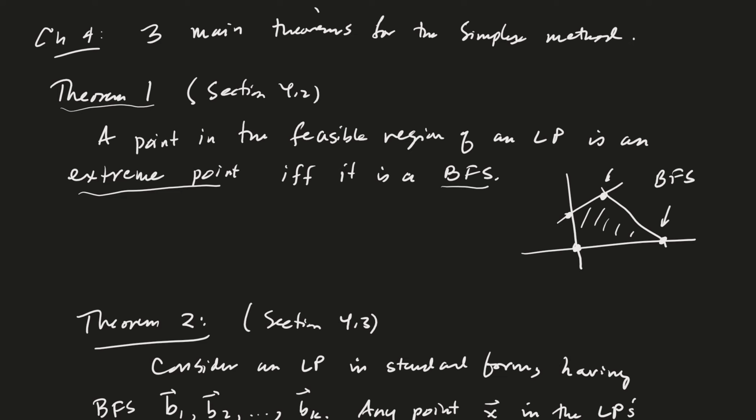We took a look at the reason why that might be, because these points come in as intersections of a certain number of constraints.